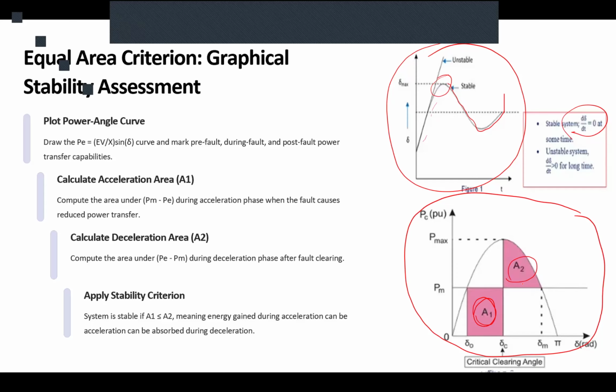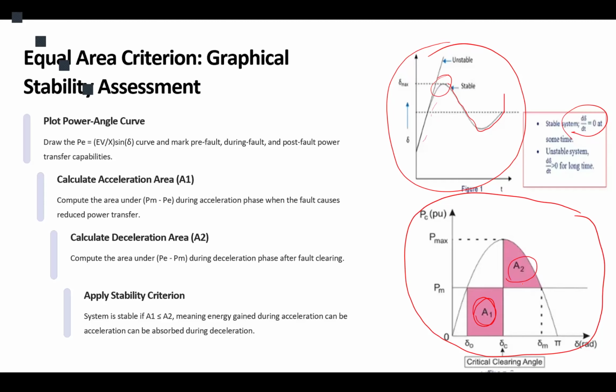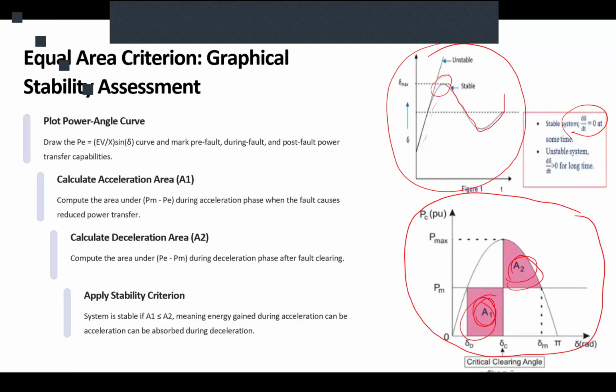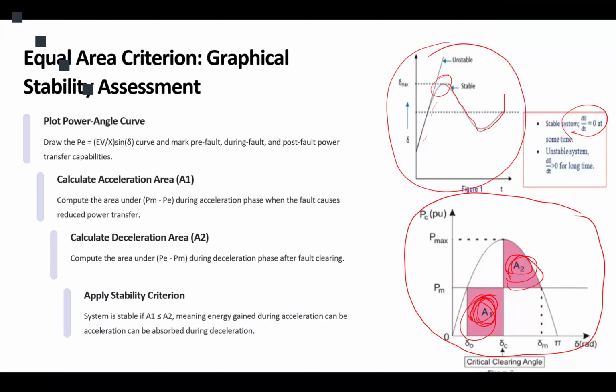Okay, this is the condition. So you are going to point out all those dots on the curves, point A, point B, point C, point D, and point F. Then you have your A1 and A2 areas. If your acceleration part is less than or equal to your deceleration part, that means your delta is going to swing and eventually become stable in a new steady state.